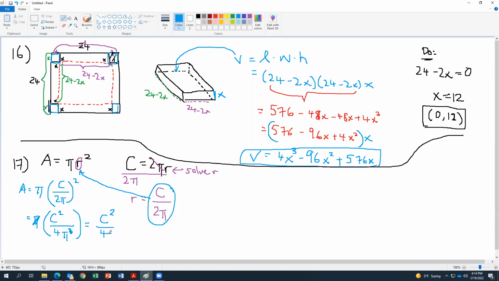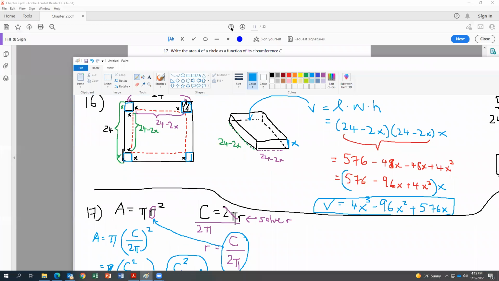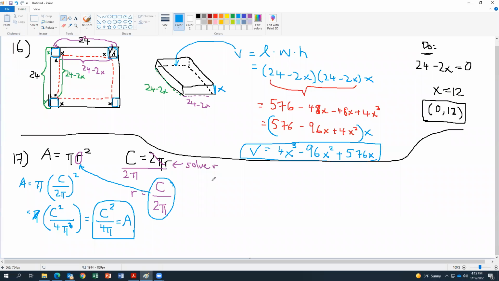Now again, class, when you write this kind of answer in your online homework, make sure you understand that your A and your C here are in capitals, so uppercase. So if you put this C as a lowercase in your homework, they will mark you wrong.